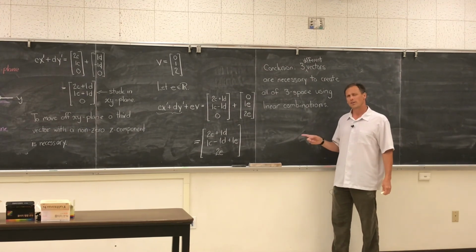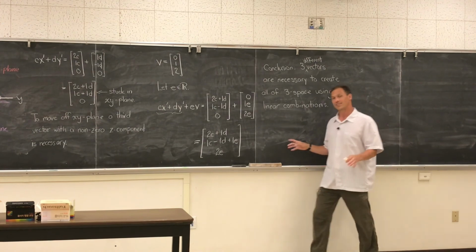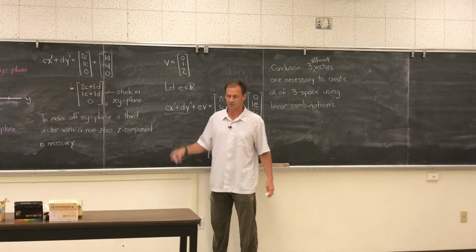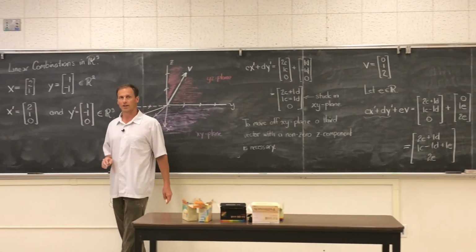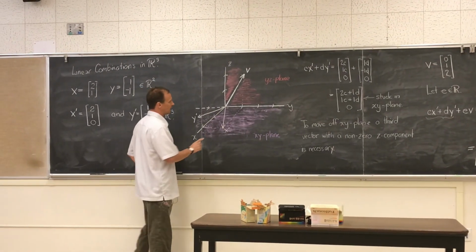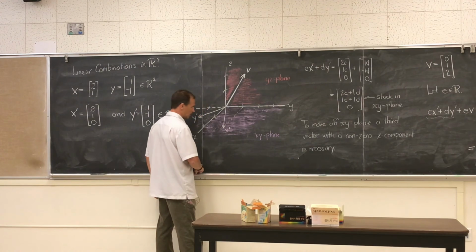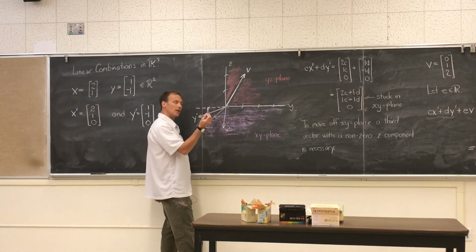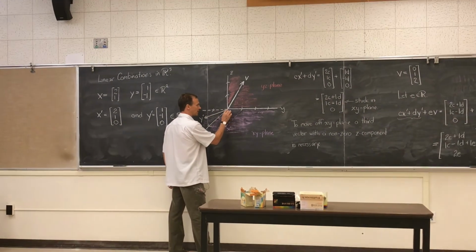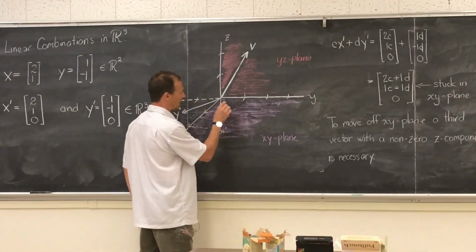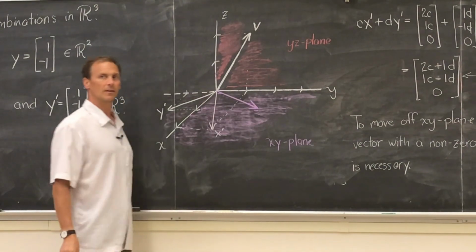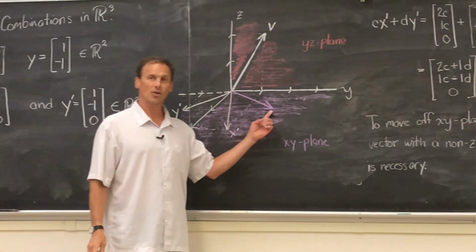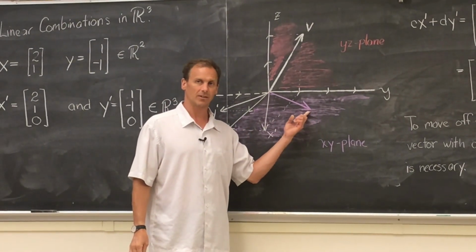So, what does it mean to be different? Different means you need to come over to our picture. And different means this: if I had picked a purple vector, and I use purple on purpose, meaning a vector anywhere in my xy plane, right there, what would be the third component of that vector?